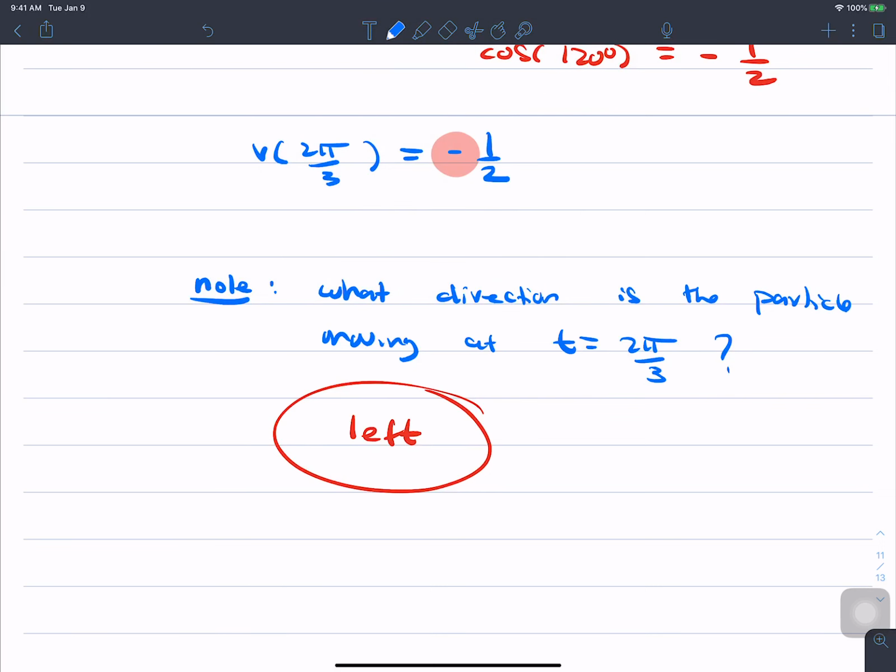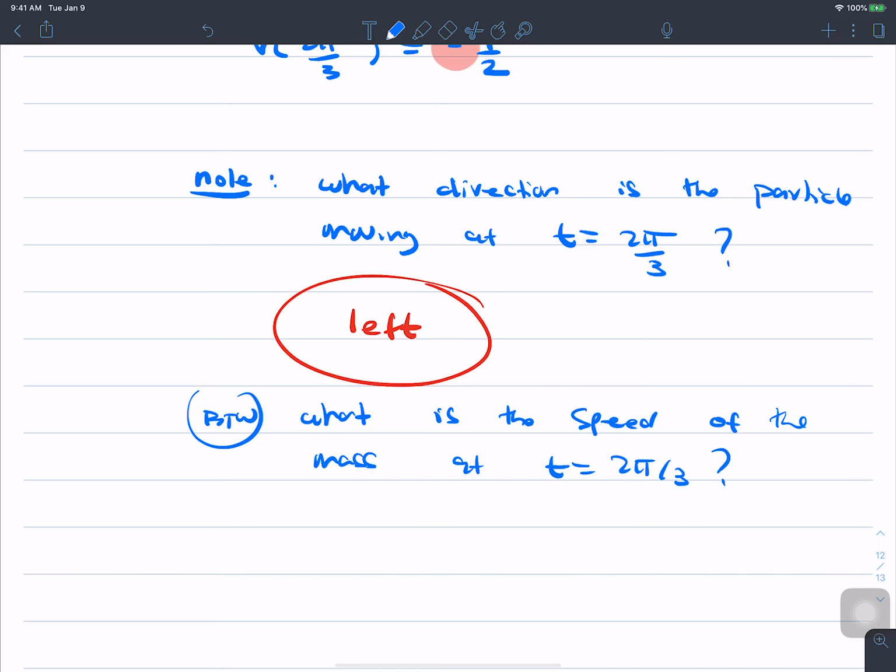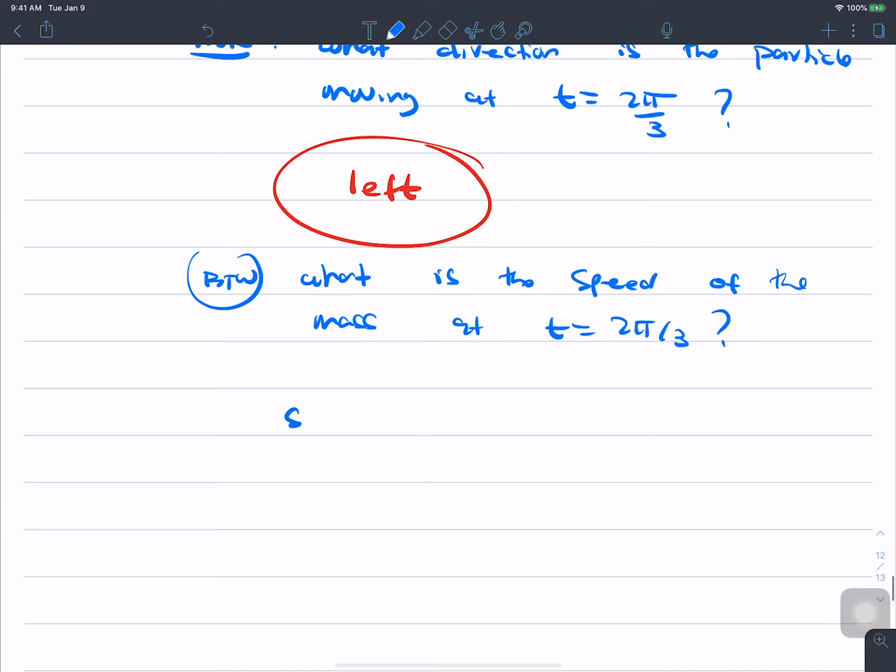And then another note, or we say, by the way, what is the speed of the mass at t equals 2 pi over 3? So what's the speed now? We say speed here is the absolute value of the velocity. Absolute value of negative 1/2. So my speed is actually 1/2.